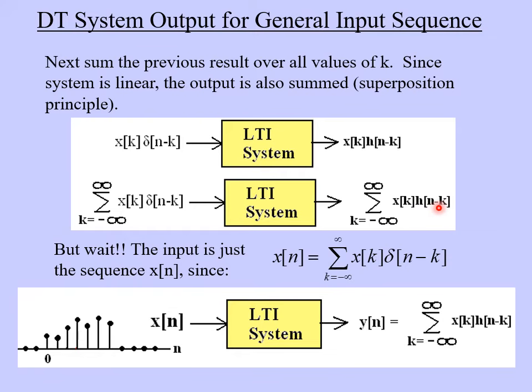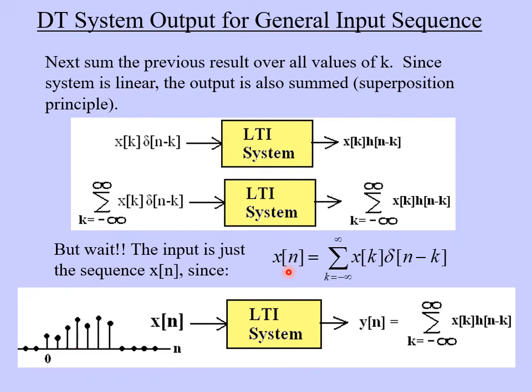So the output is just the sum of all of these outputs for all the different values of k. Now, why did we do this? Obviously, this is getting a little confusing, but why would we want to do all this? Well, look at the left side. If you look a couple slides ago, this summation on the left side is exactly equal to x of n, the original sequence.